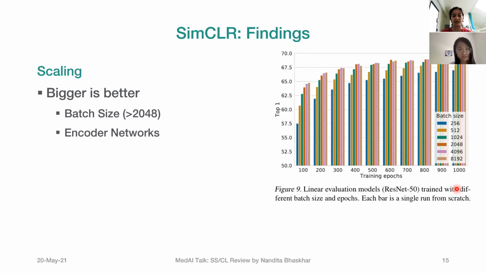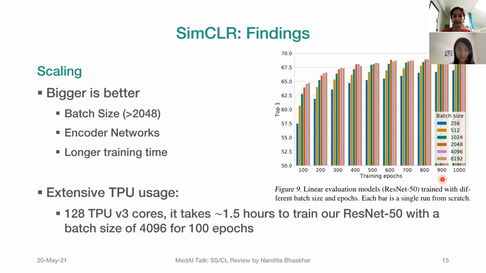So moving to a wider ResNet actually helped performance compared to using a narrower ResNet. And training for longer epochs also helped. And as you can imagine, these large batch sizes require extensive TPU usage. So they used 128 TPU cores, and they used a batch size of 4096 for their reportings.